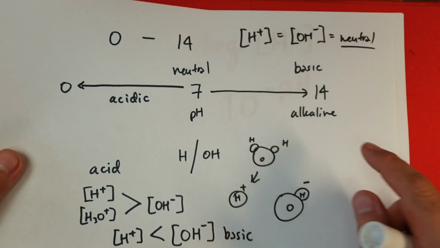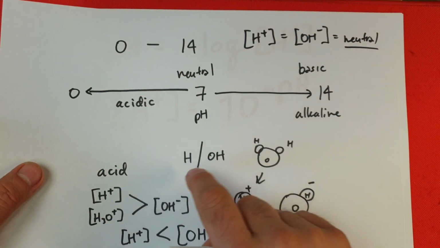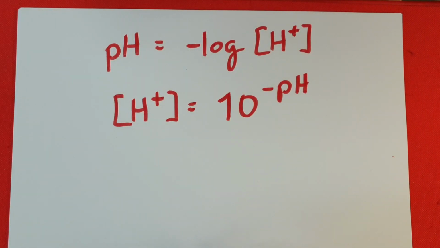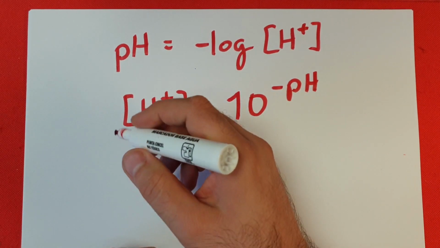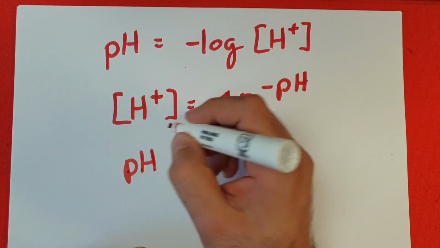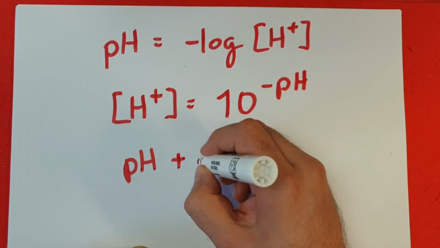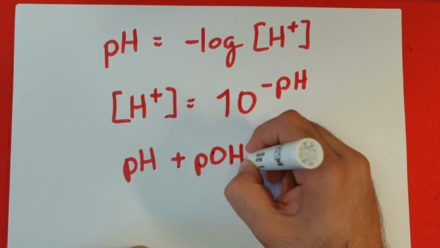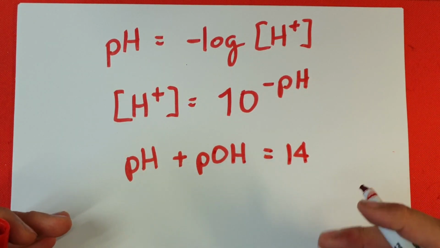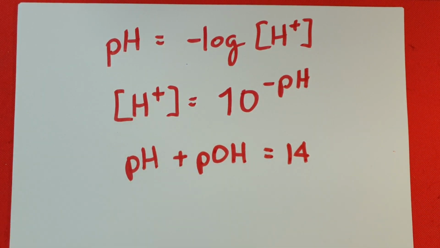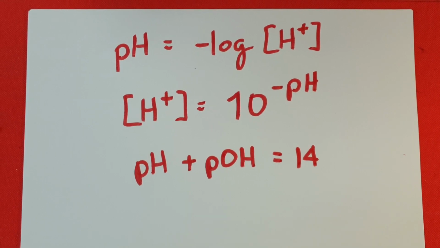Well, it's complementary because remember, H and OH go together. So there's another aspect which we have to consider. If I take the pH value and I add it to the pOH value, this is going to give me 14. So these three formulas are really what's going to help you answer most of the exercises, okay?